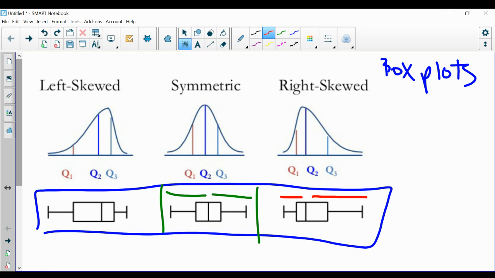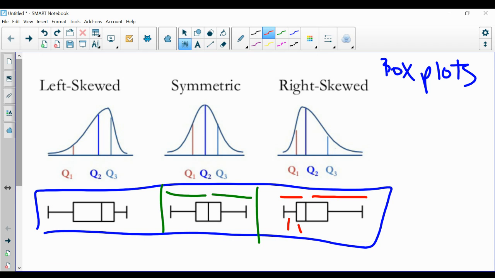So if you look at the symmetrical, the lines that I just drew over it to represent that this is half of the data and that's the other half are fairly equal to each other, but my red lines over my third box plot are not even. My first line, which represents the first half of my data, because remember, your whisker and the first part of your box plot both represent 25% of your data, is a lot smaller than the second half of my data.